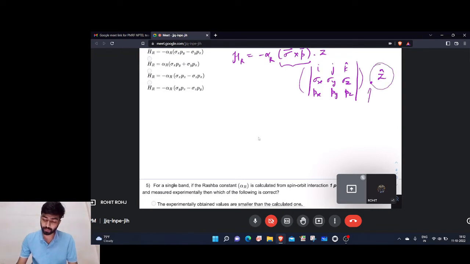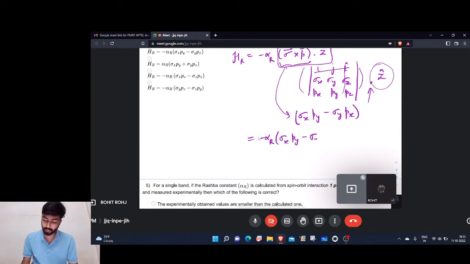So we will only consider the k component, which is nothing but sigma x py minus sigma y px. So we are left with the Rashba Hamiltonian to be minus alpha R times sigma x py minus sigma y px, which is nothing but option number A.